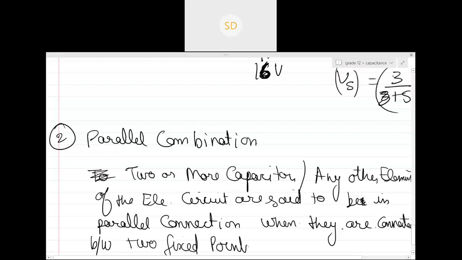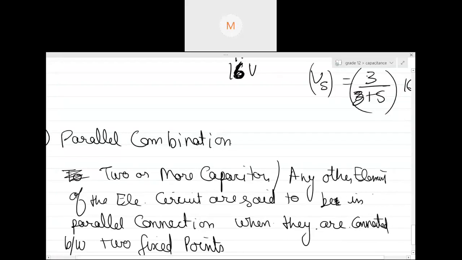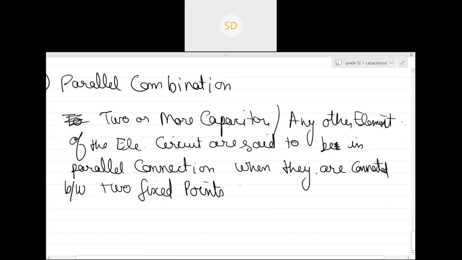Any other element of the electric circuit can be a capacitor, a resistor, a battery, anything. So between two fixed points having certain potential difference between them.